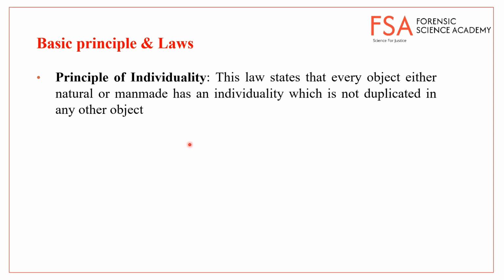Another example: a manufacturer designing laptops produces one particular model in various quantities, but each and every laptop has its unique identification number, or we can say the MAC address number. So that's how this principle of individuality works.